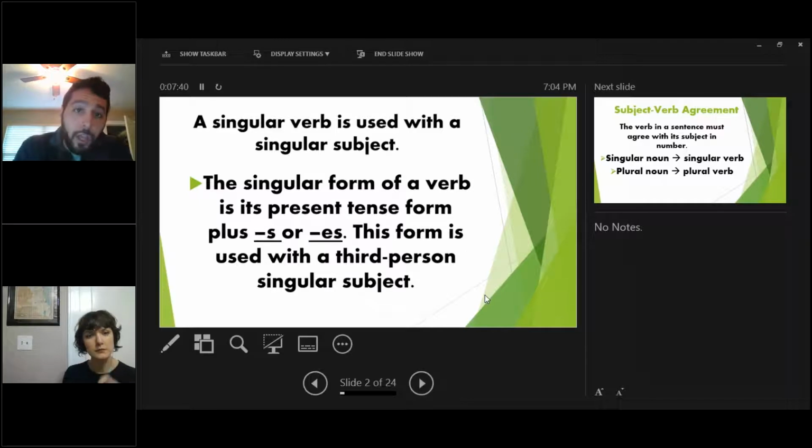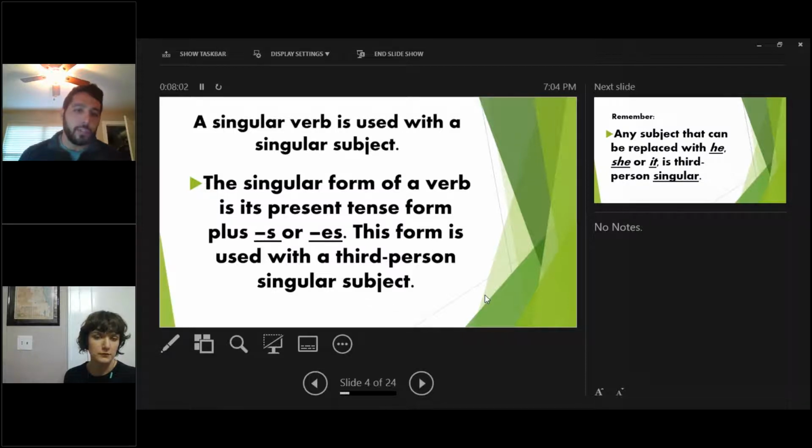A singular verb is used with a singular subject, obviously, and what that means is that the singular form of a verb in its present tense form is really just adding an S or an ES to that verb. And singular subjects will not end in S. So they're kind of opposites, but when you're thinking about a singular noun, there will be no S on the end, obviously, because it's just one person or one thing or one country, or one fact, essentially.